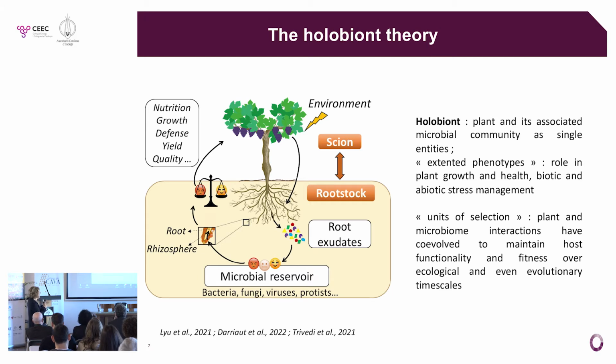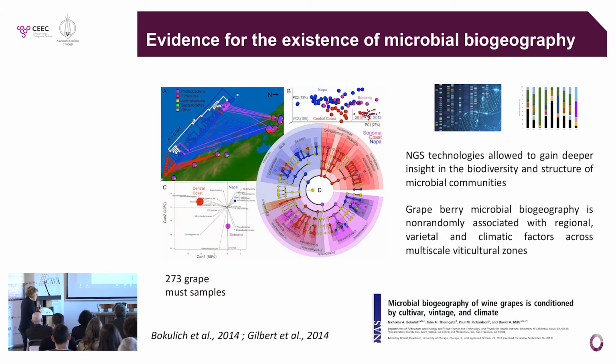So we should consider not only vine and grapeberry, but also its associated microbiota, which is a system that works together and evolves also together. So we have seen the temporal evolution of microbiota from winter, for example, to during the vegetative growth. Then we also have evidence of temporal variation of microbiota.